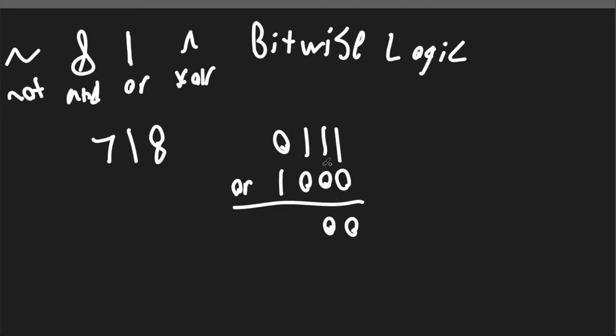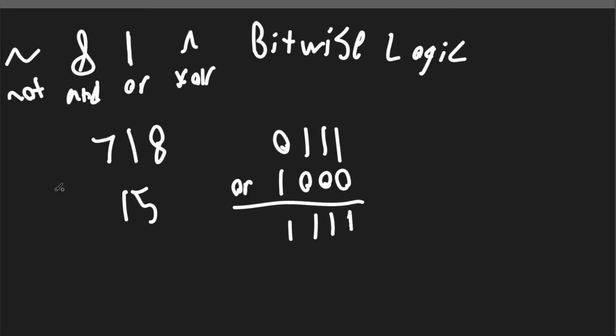And since you have a 1 in one of these columns, you will just put a 1 in all the places below. In this case, 4 ones is 15 in binary when you convert it to decimal. 7 or 8 is 15.